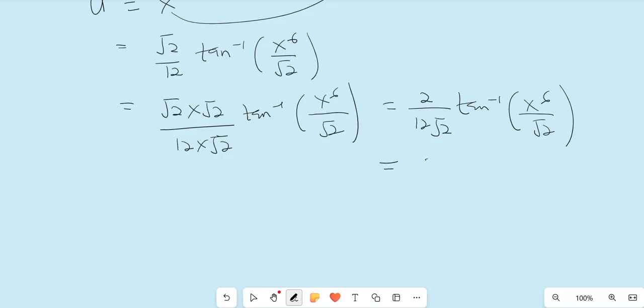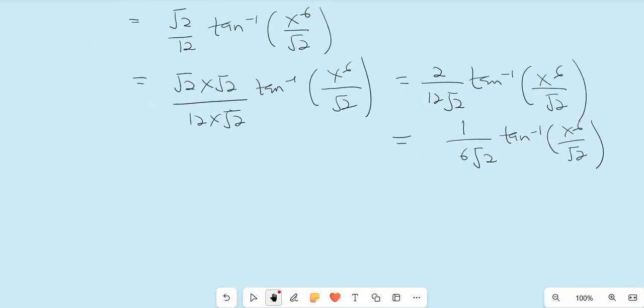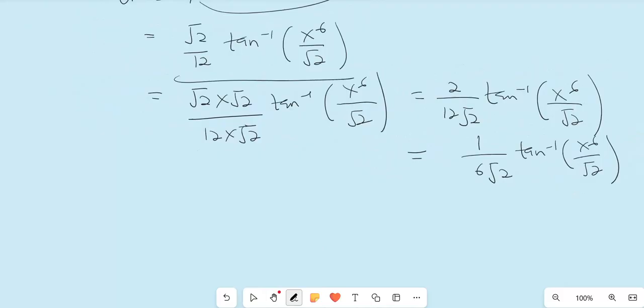This can further be written as 1 over 6 root 2 tan inverse of x to the 6 over root 2, just to make the equation a little nicer. But you can stop from here. But this is much simpler.